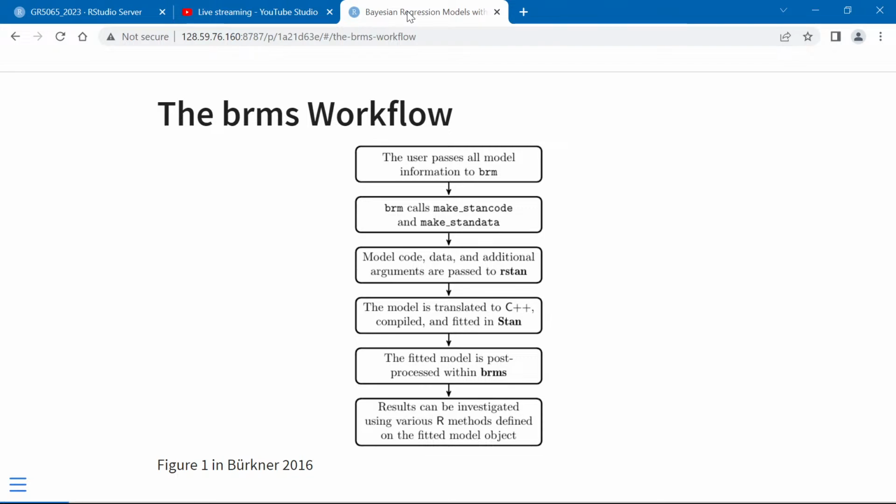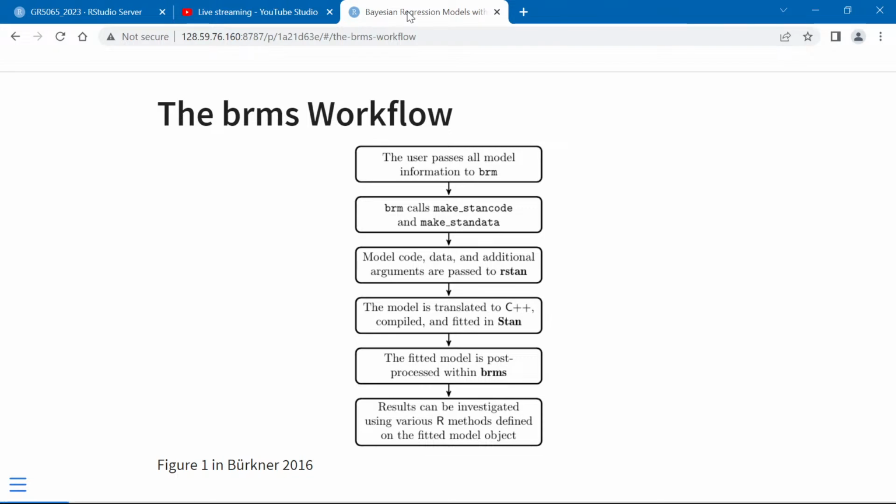And the reading for today has this flowchart describing the workflow for brms, much of which is done by default behind the scenes, but there are some aspects of it that you as the researcher need to handle.